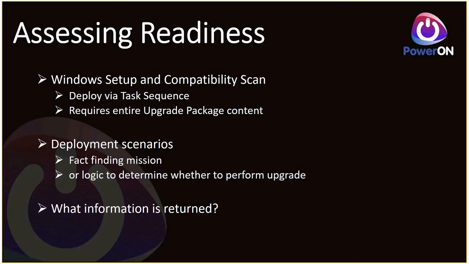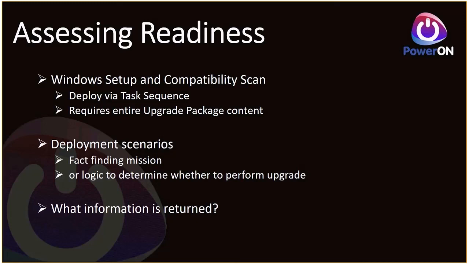This is done by leveraging the Windows Setup Compatibility scan on the upgrade operating system step in the task sequence. You basically select an option called Perform Windows Setup Compatibility Scan without starting the upgrade.